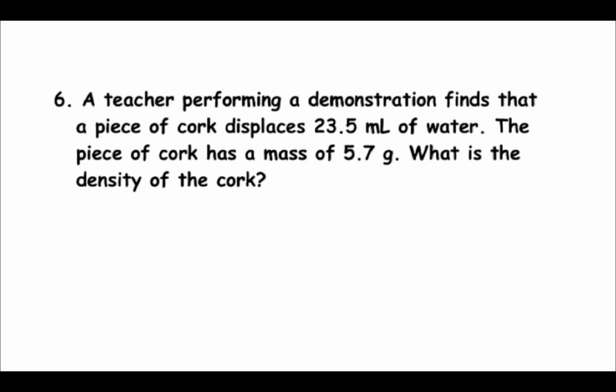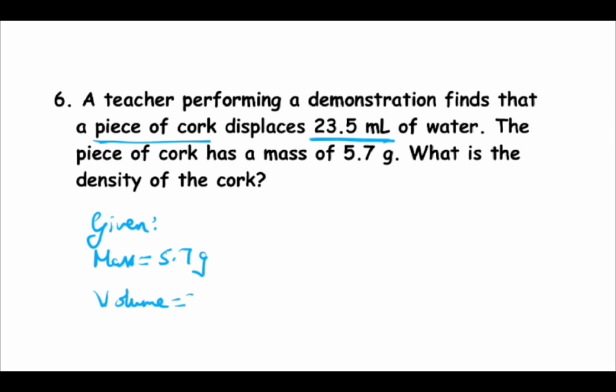Next, a teacher performing a demonstration finds that a piece of cork displaces 23.5 ml of water. So, ml of water, meaning now this is an irregular object. Piece of cork, so it is an irregular object. Hence, the volume is already given. Mass is given, which says the piece of cork has a mass of 5.7 grams. The volume of the piece of cork is 23.5 ml.